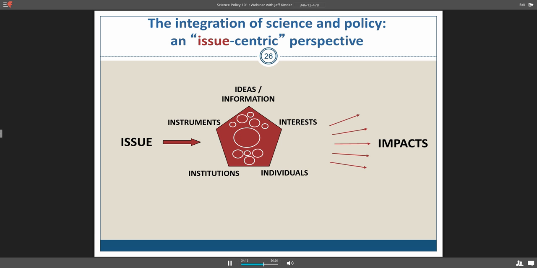And so we've gone from a world where science has a very direct and obvious impact on policy to one that's a bit more complicated for science to navigate.